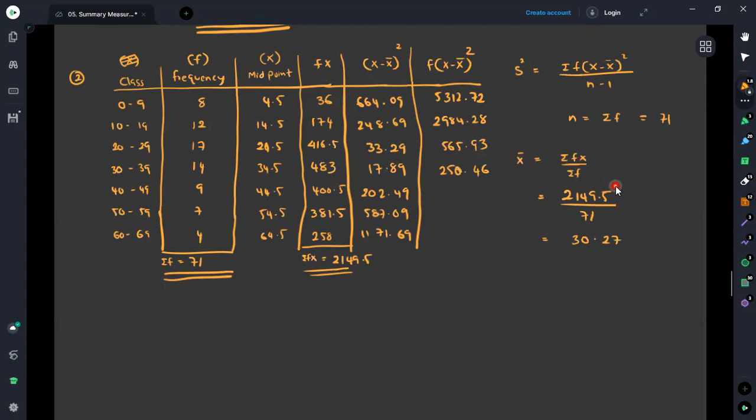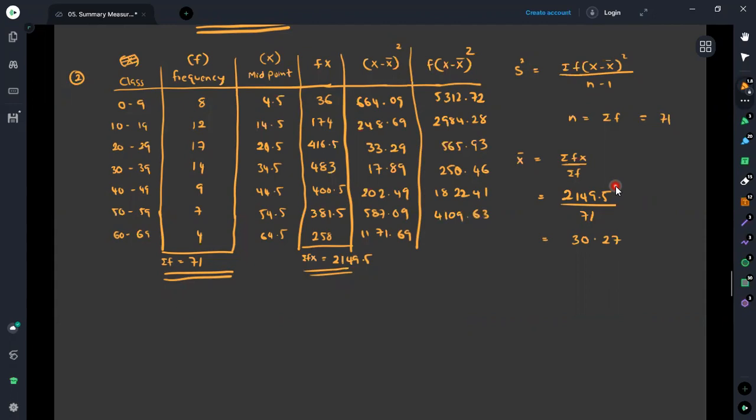Then 9 multiplied with 202.49, 1822.41. Then 7 multiplied with 587.09, 4109.63.